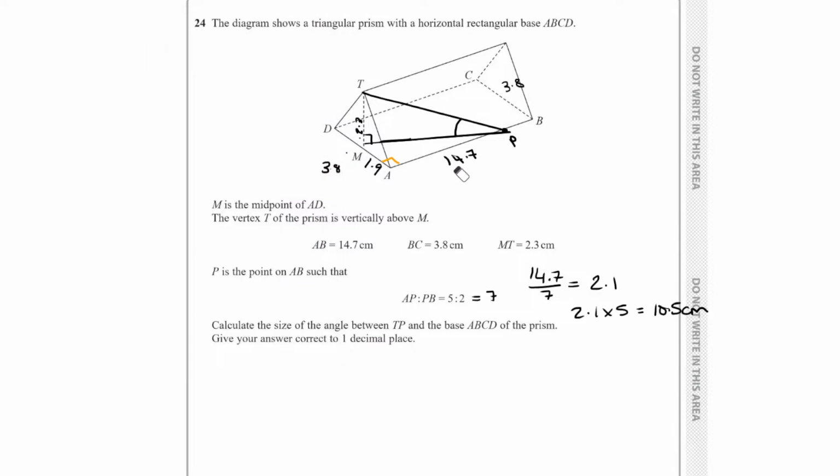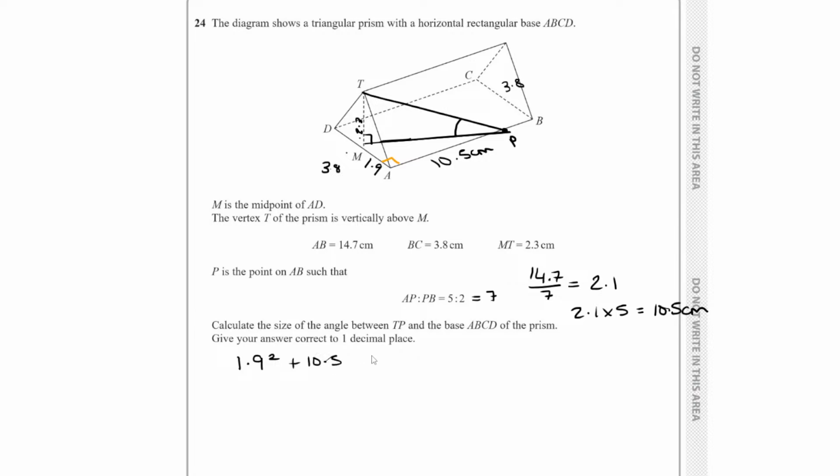Okay, so let me just rub out this 14 so we don't get confused. And now, I know it's called 3D trig, but actually you could use Pythagoras as well. In this case, I'm going to use Pythagoras because do you see how I've got 2 sides and I want to find the third side? So that's, I think it's on your formula sheet, but you probably know what it is anyway. 1.9 squared plus 10.5 squared.